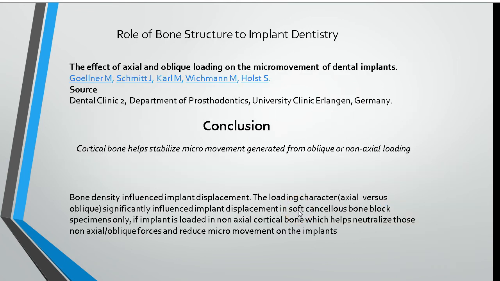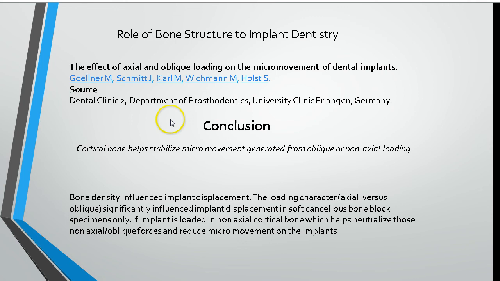So, just for concluding, there's an article by Golan and Schmidt that talks about the effect of axial, which is up and down, versus oblique, which means coming from right and left, and the micro movement on dental implants. If you have an implant and the tooth right on top, that will create an axial force on the implant.